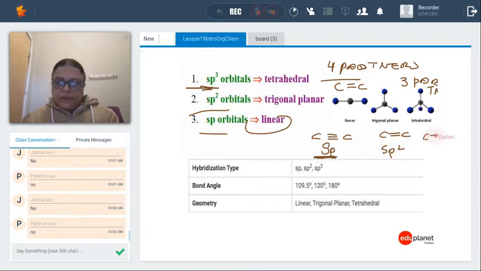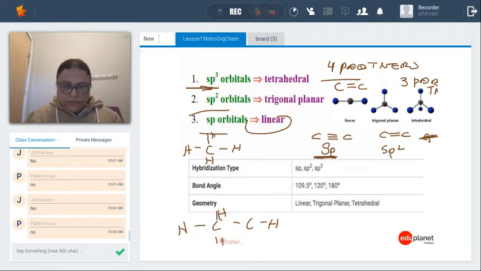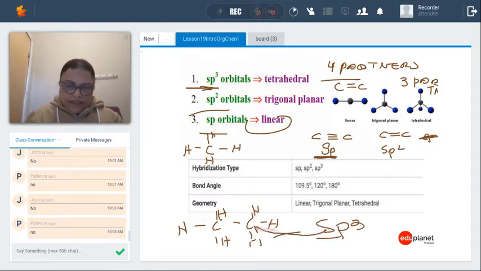And carbon-carbon single bond, when the carbon has 4 partners, like methane, for example, or in ethane, this is sp3 hybridized carbon. This is also sp3 hybridized carbon.